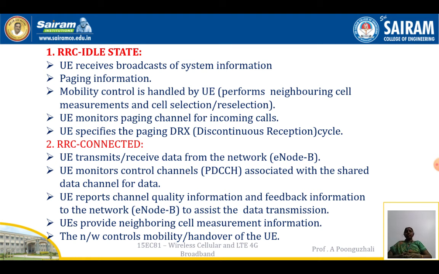Now in detail we'll see the RRC idle state. Here the user equipment is going to receive the broadcast of the system information and the paging information. The mobility control is going to be handled by the user equipment. That is, it is going to perform the neighboring cell measurements and the cell selection or reselection process.